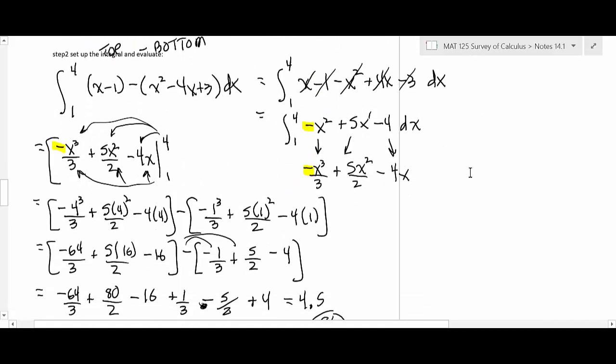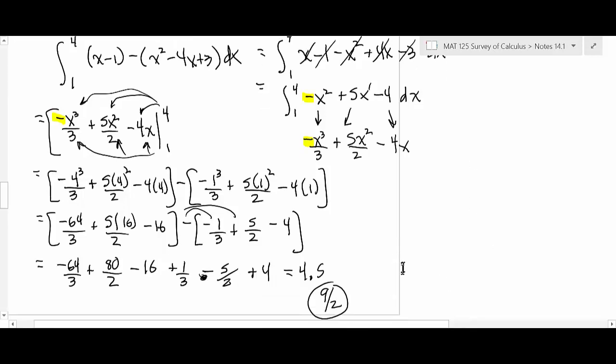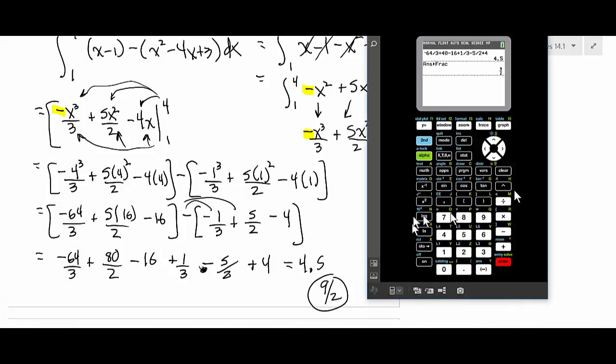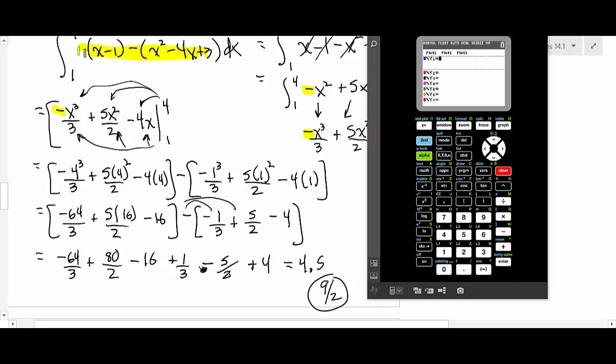Let's do a real quick check on our calculator, then we'll take a break here. So we got 9 halves. Do you guys have any questions about how I did that with the arithmetic? To me, that one's not too bad. So to check this, you want to go back and put in what you set up.